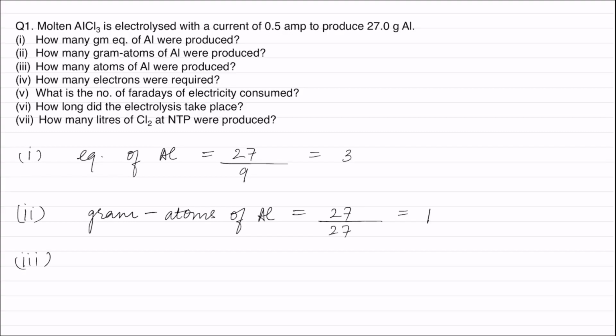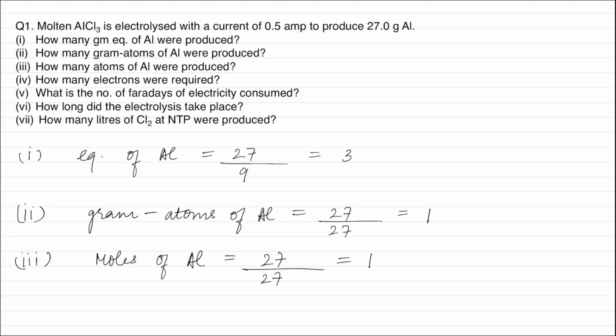Third part, how many atoms of aluminium were produced? For this, first of all, we will find the number of moles of aluminium, which is equal to weight of aluminium, that is 27, divided by atomic weight of aluminium, which is also 27, and this is equal to 1. So 1 mole of aluminium is produced.